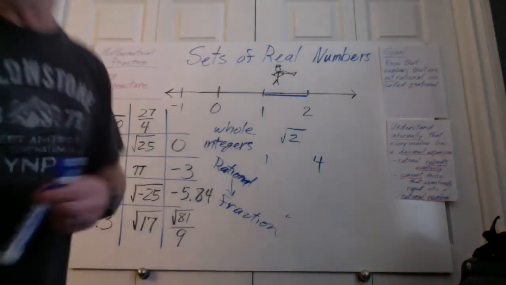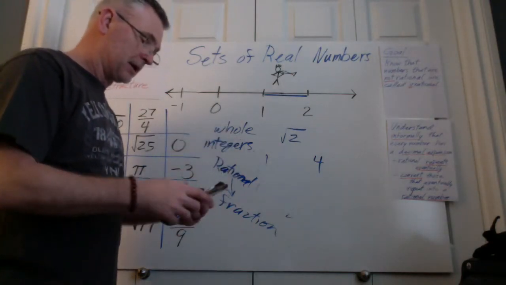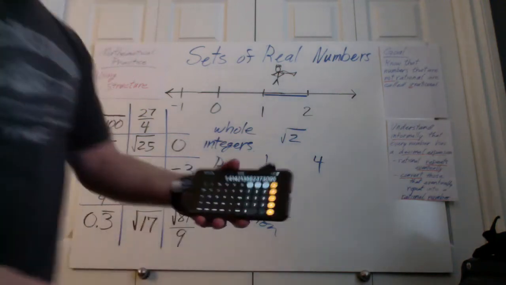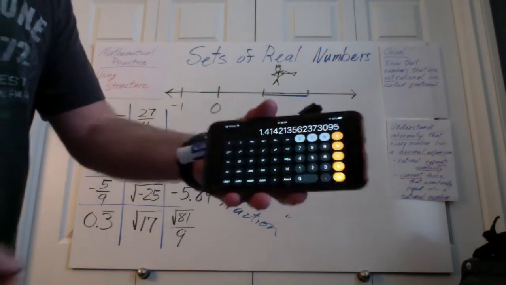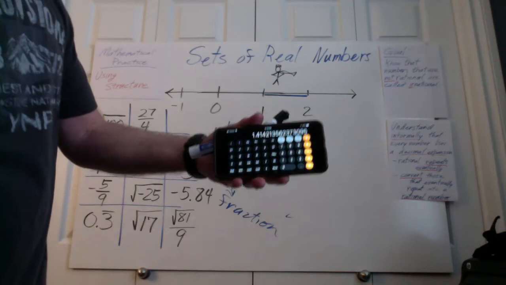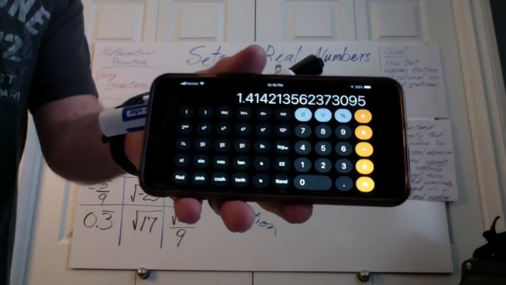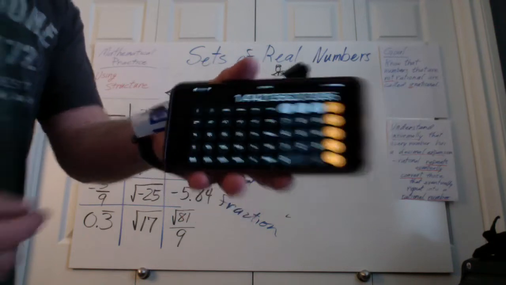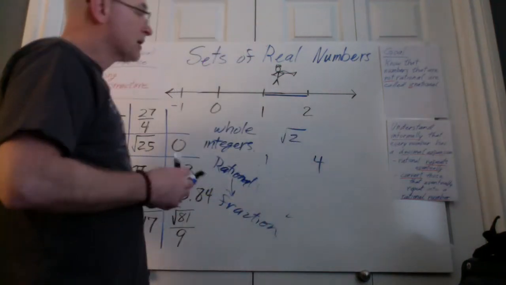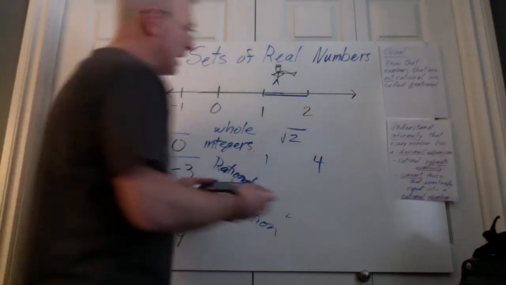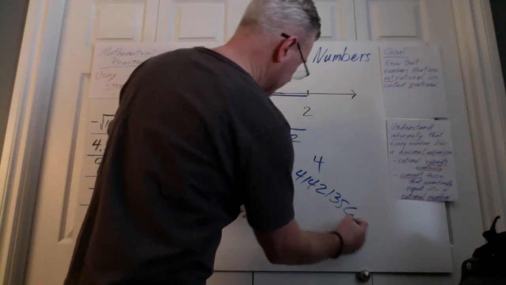And when you put the square root of 2 into a calculator, you come up with this number, 1.41421, and it just seems like it goes on forever, and there is no repeating, so there's no pattern. 1.414213563.